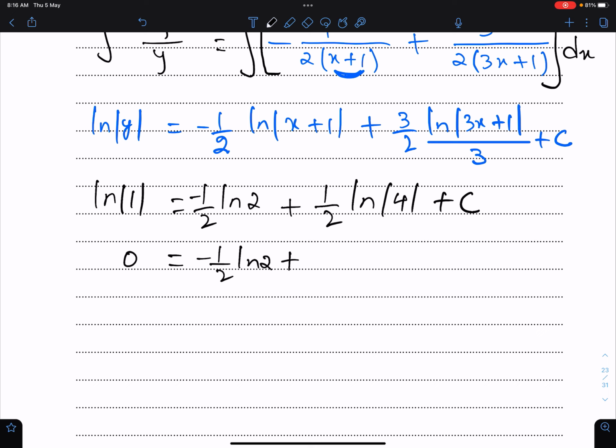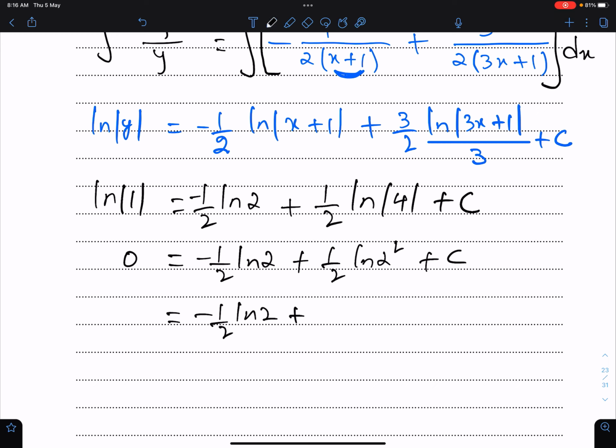We can write ln4 as ln2 square. Now we have minus half ln2. We can bring this 2 here.